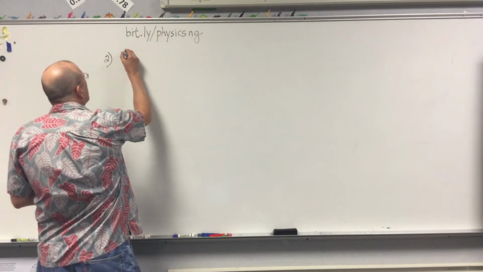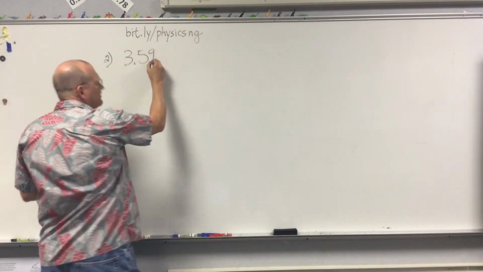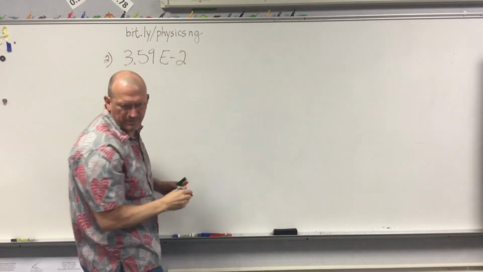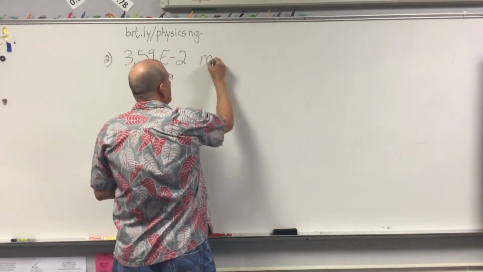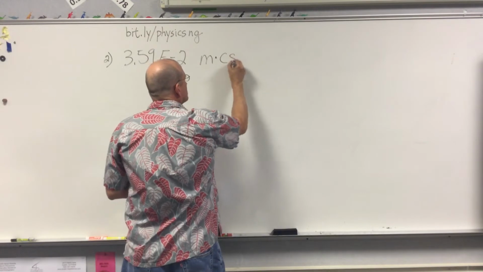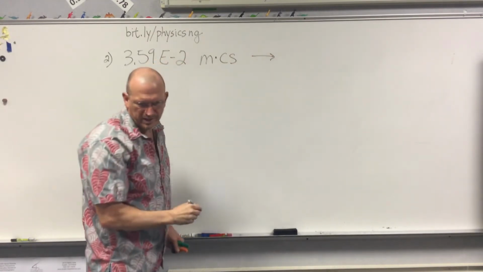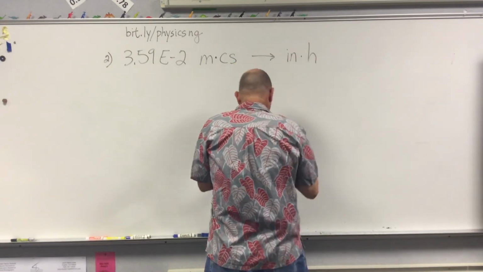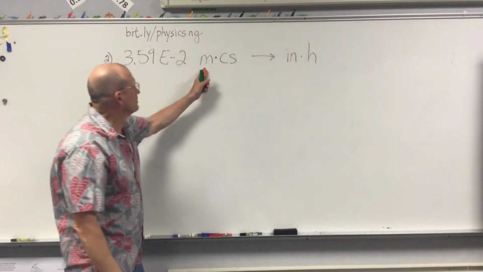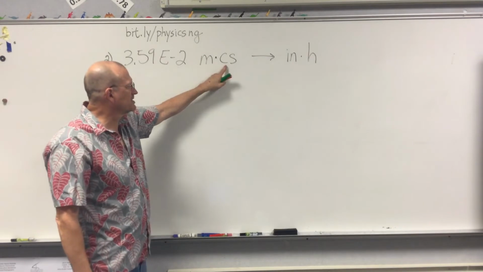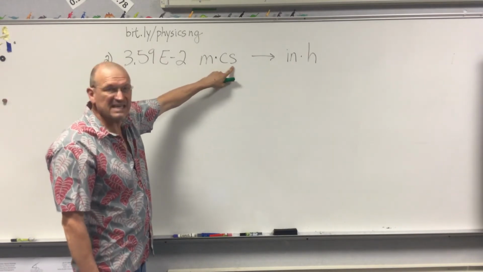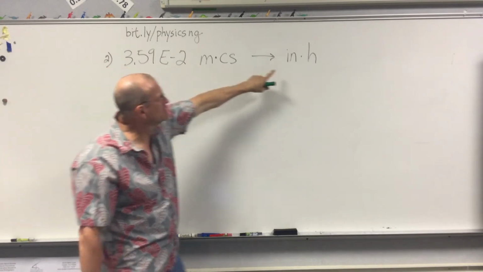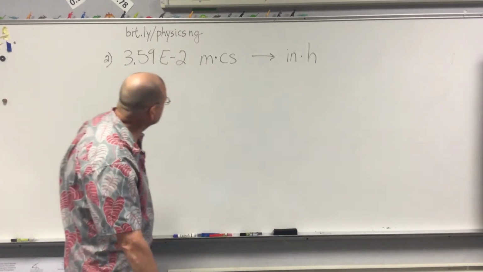It says 3.59 e negative 2, and then we have m times cs, and we are converting that to this. So again, if you ask, this is meters, this is centiseconds, so this would be meters times centiseconds, this would be inches times hours.